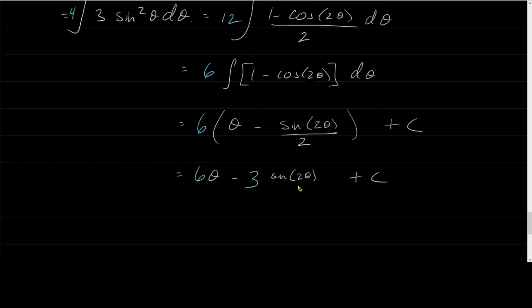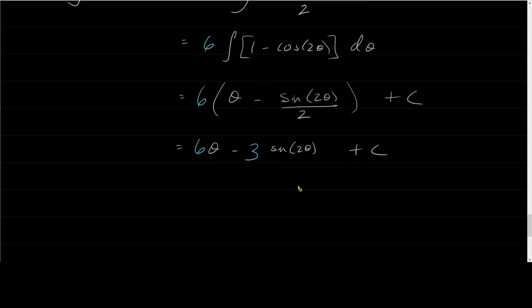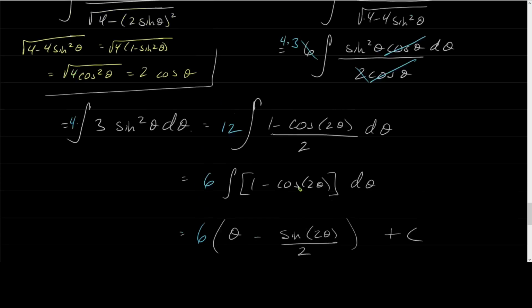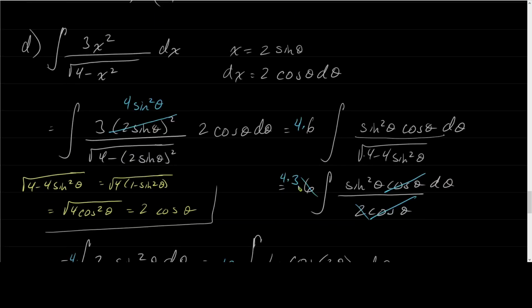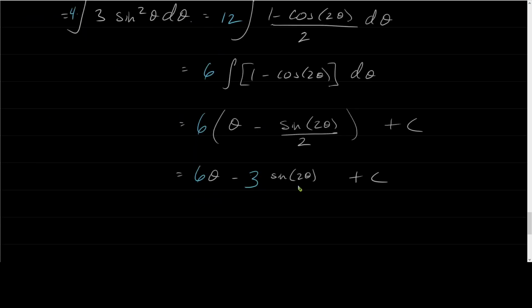Now the problem was not about theta, so we need to make sure that we put things back into terms of x, because our original variable was x. But here's an issue: we've got the sine of 2 theta.